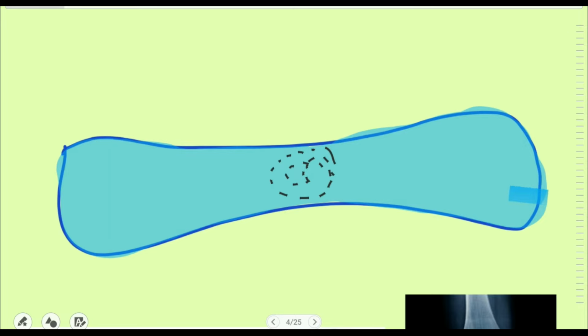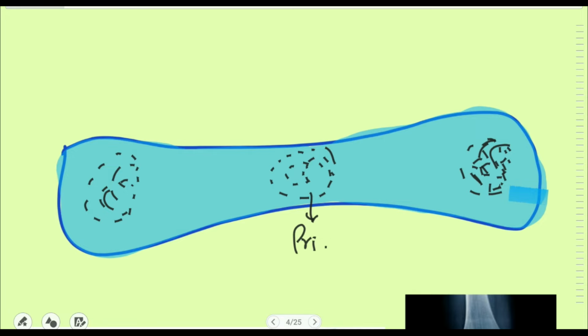Then bone starts replacing the cartilage at the periphery, at the ends of this long bone. These peripheral bone development centers are known as the secondary ossification centers. I will label these structures first: this is the primary ossification center and this is the secondary ossification center.